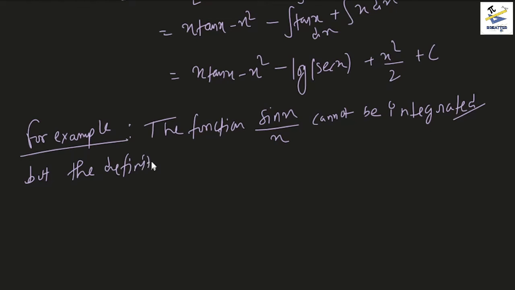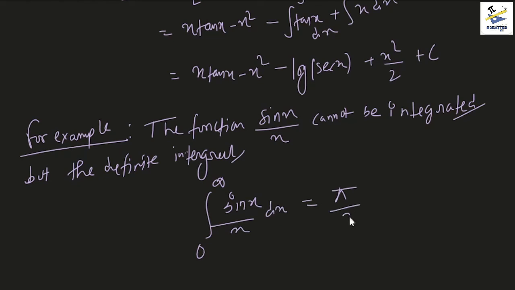So the definite integral of sin x by x can be evaluated, and the integral from 0 to infinity of sin x upon x dx is just equal to pi by 2, and it's a known result.